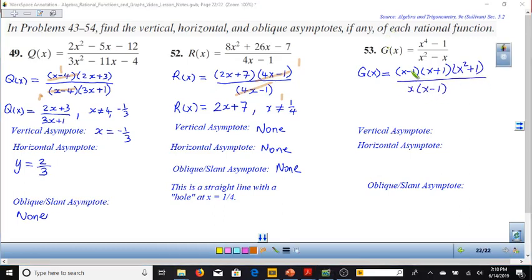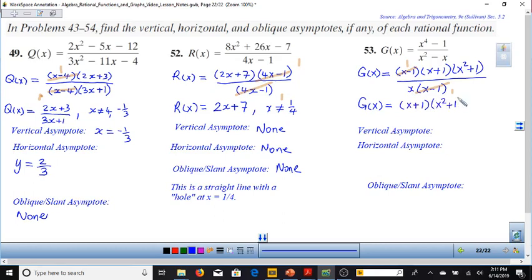As we can see, x minus 1 is a common factor. So when I rewrite the expression, I get x plus 1 times x squared plus 1 over x, with the condition that x is not either 0 or 1.